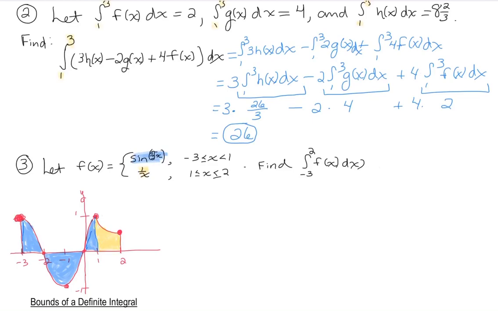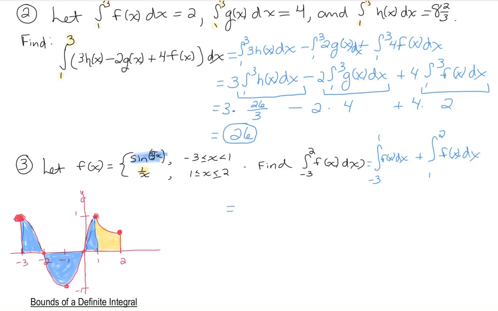So essentially, we're just going to break this up with our piecewise defined function into these different integrals. So this is going to equal the definite integral from -3 to 1 of, let's first just call it f of x dx, plus the integral from 1 to 2 of f of x dx.